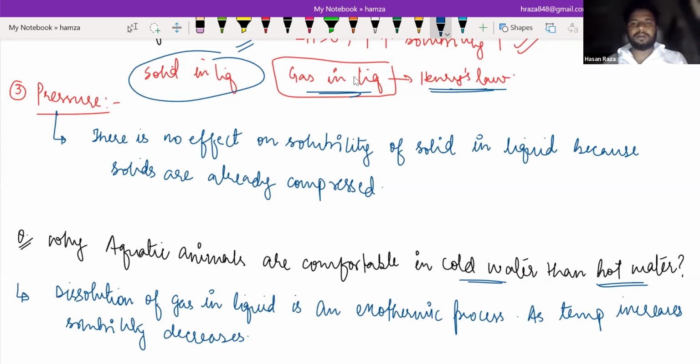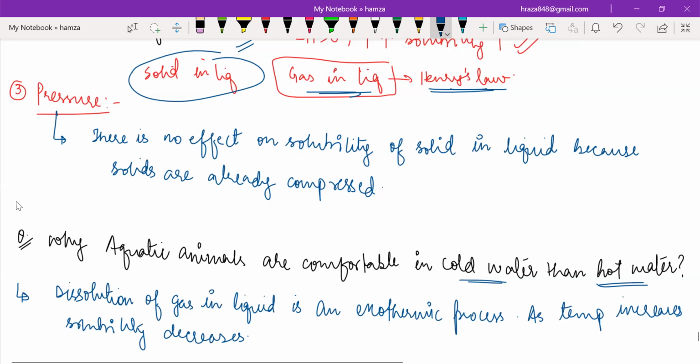That's why they are uncomfortable in hot water. Please write it. Let me know if you are done with this.